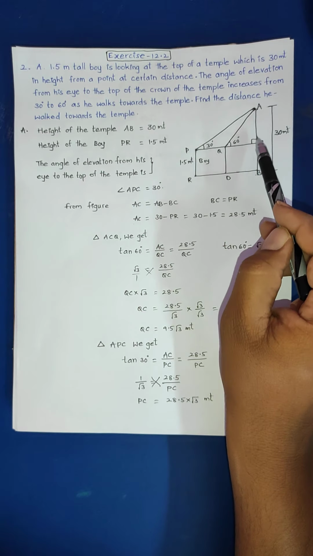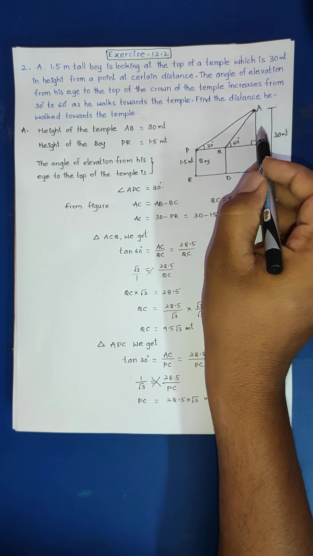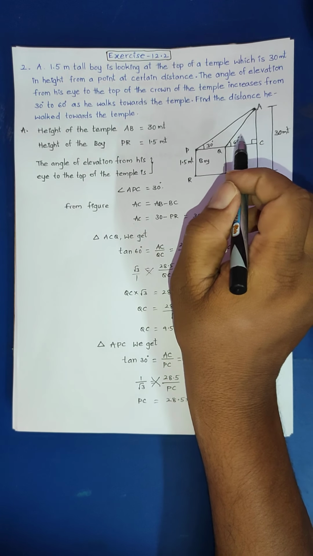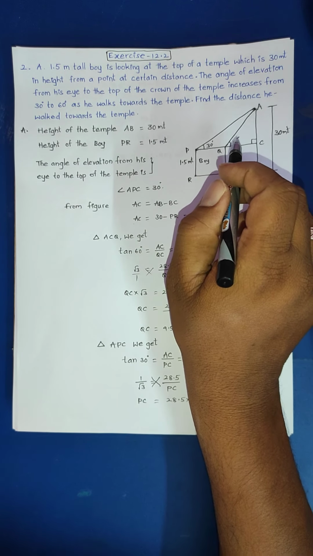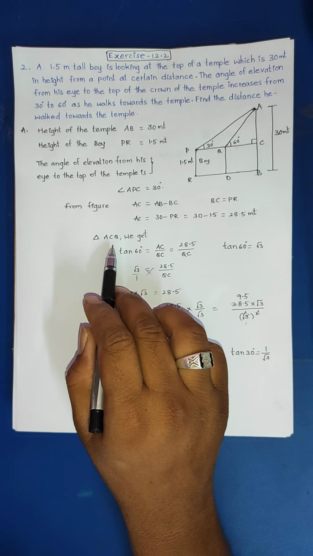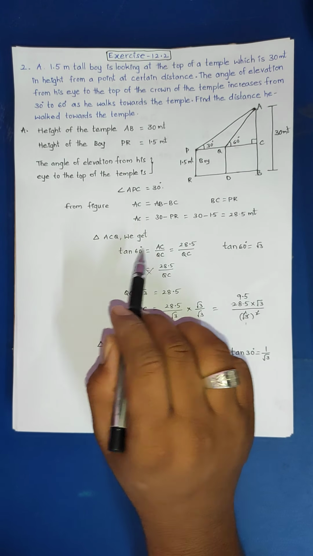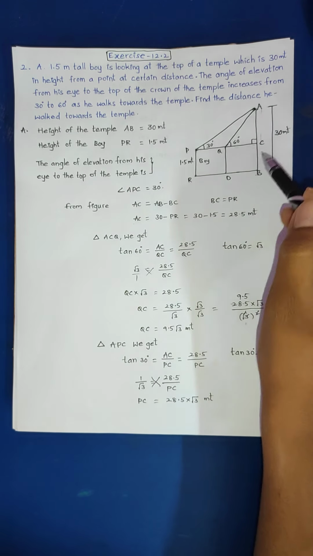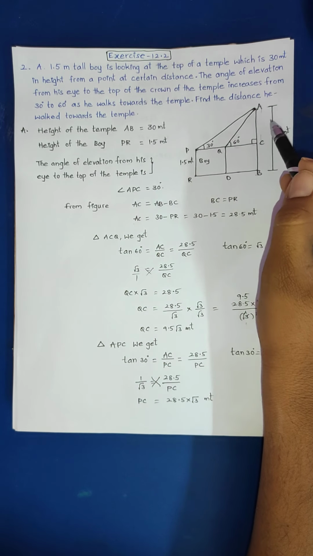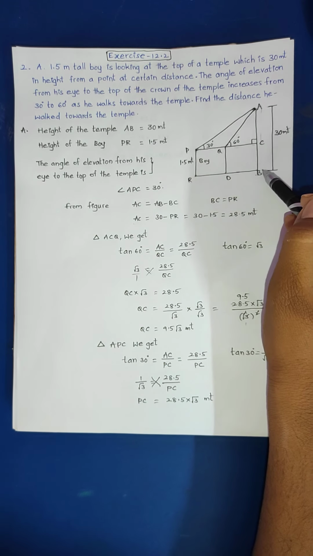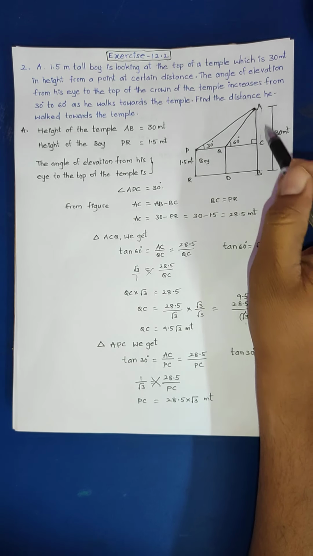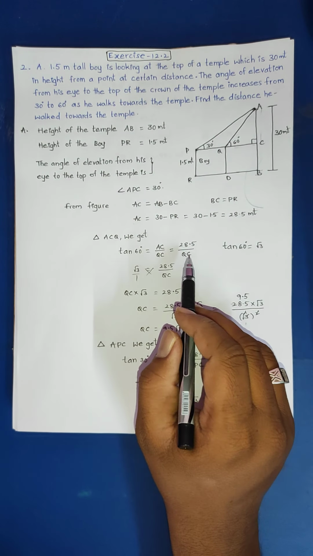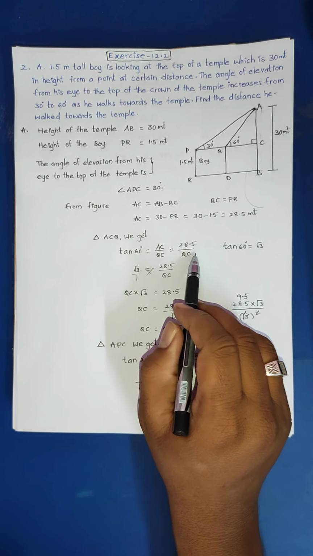Now ACQ, this small triangle, second time observation, elevation angle. We get tan 60 is equal to, tan means opposite side by adjacent side, AC by QC. AC is 28.5: of the total 30 meters, after removing the height of the observer, 28.5 meters remains.